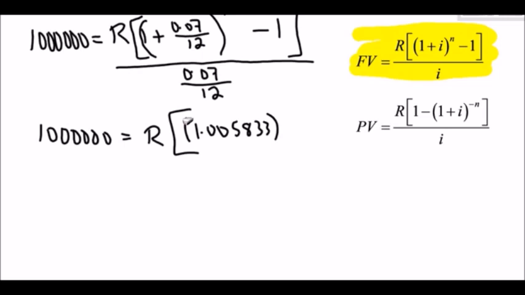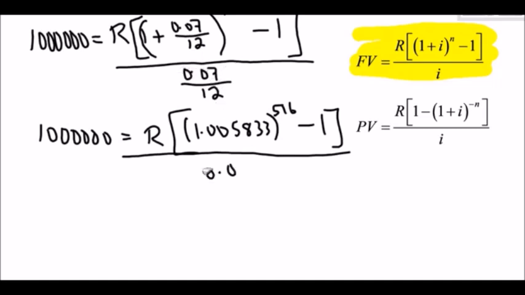And what was this number again? 516, minus 1, and that's going to be divided by, again, 0.07 divided by 12, that's this 0.005833 number. So $1 million equals R times, so I'll take 1.005833, and I'll put that to the exponent 516, and then immediately subtract 1.